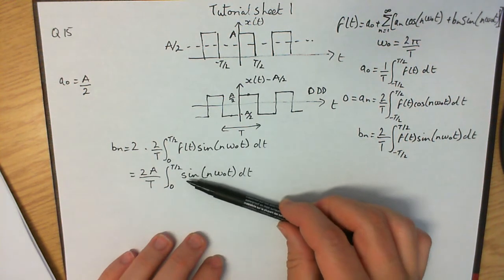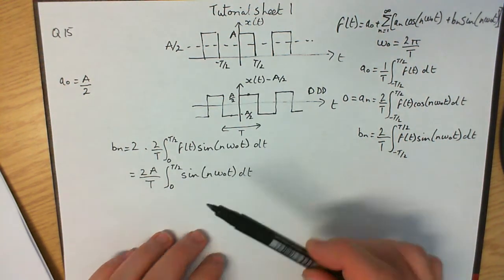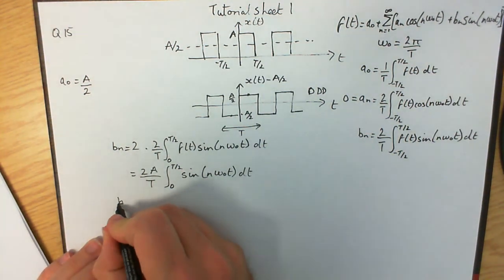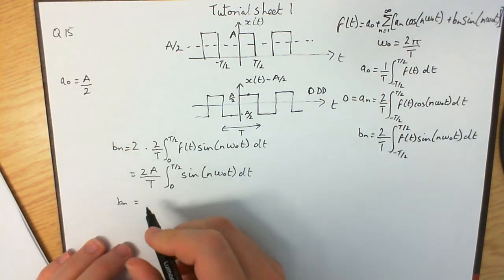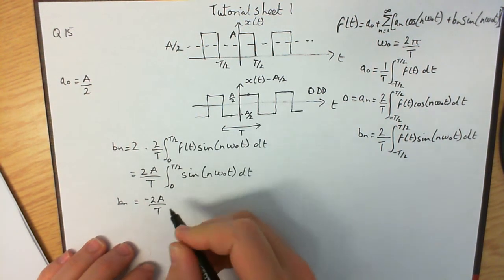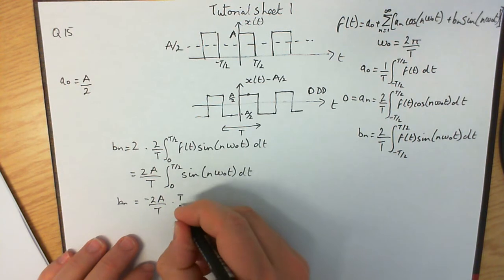And hopefully everybody should be able to integrate this function. So bn is equal to minus 2A over T multiplied by T over 2 pi n.